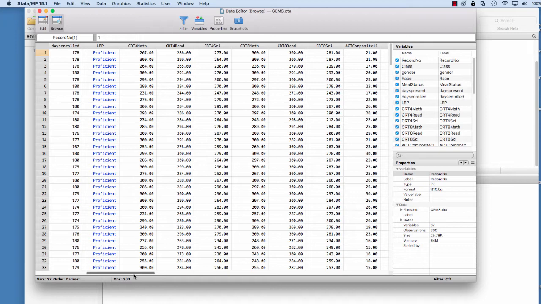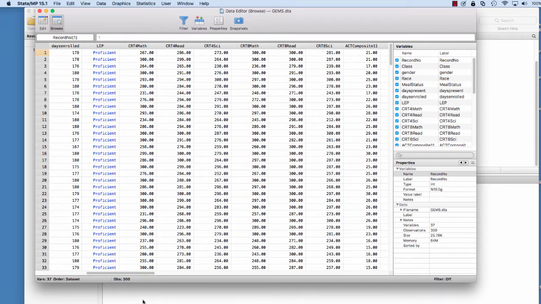But prior to doing that, one of the things we need to do is to check the assumptions for the t-test. One of the assumptions is that the variables are normally distributed, and the second assumption is that the group variances are equal, in other words, they're not significantly different from one another.